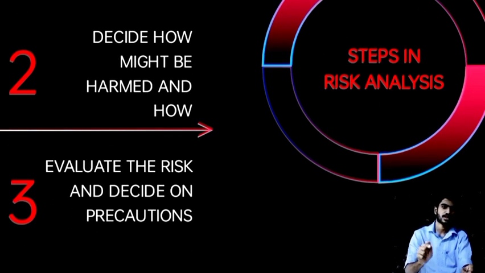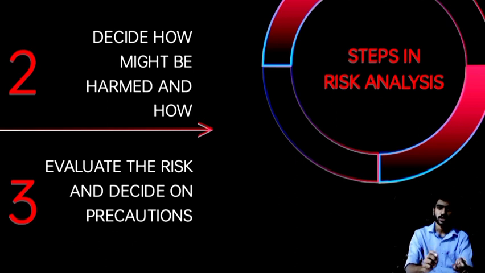And the third step in risk analysis is to evaluate the risk and decide on precautions. We need to decide how we can get rid of this hazard. Can we get rid of the hazards altogether, or if not, how can we control the risks so that harm is unlikely?